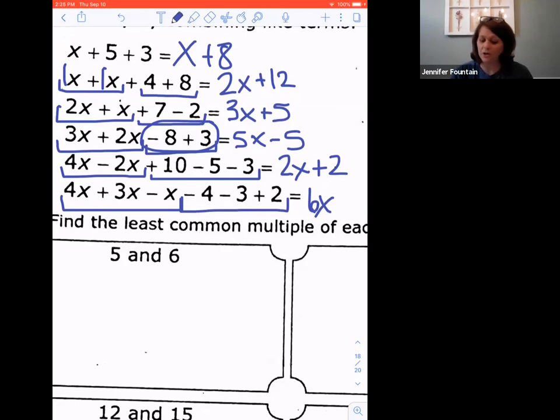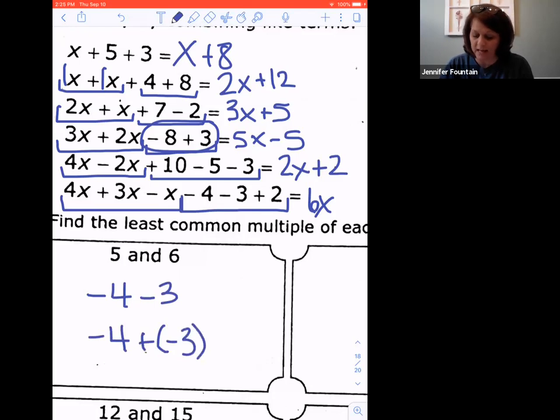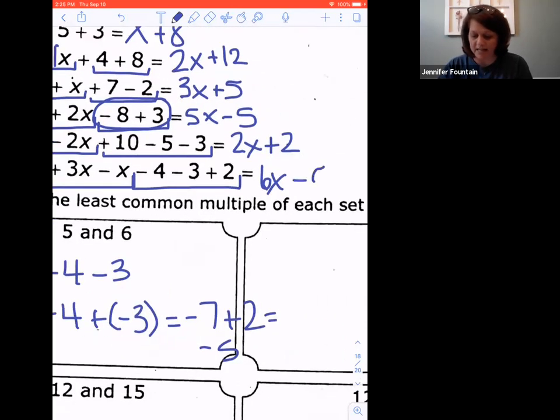So I have -4 minus 3, which is the same as saying -4 plus a -3. So that's -7 plus 2. -7 plus 2 is a -5. So I'm going to have 6x minus 5. Okay, how'd you do?